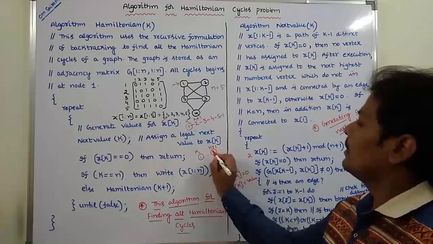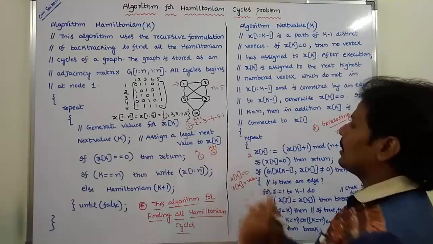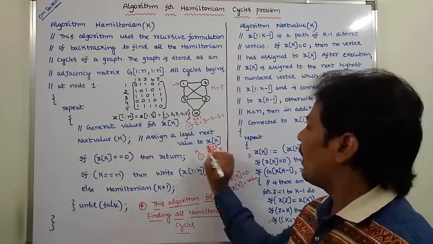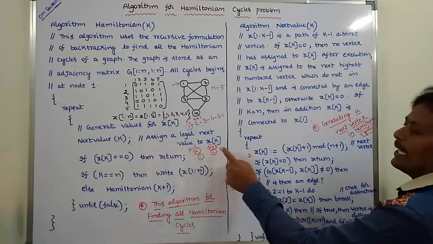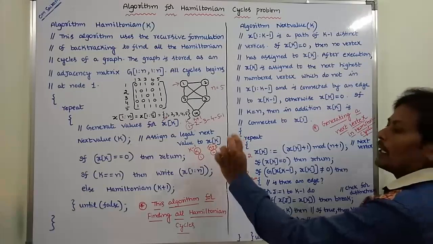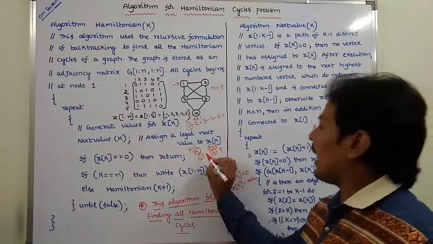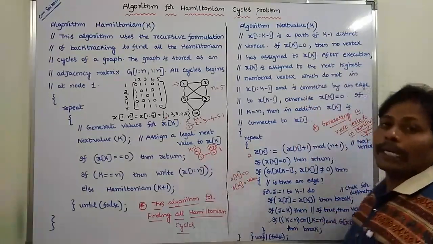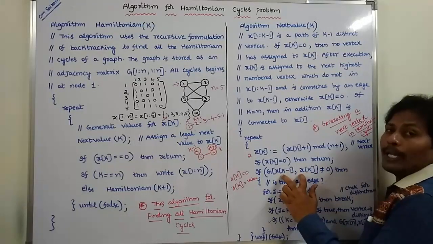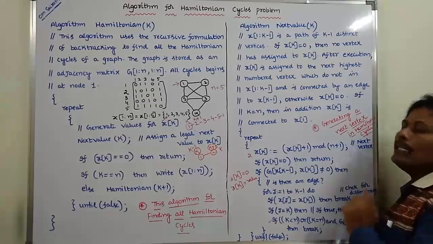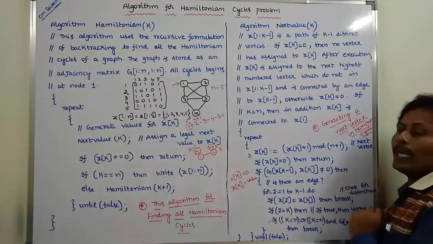Now this becomes k and that becomes k minus 1, because k is incremented from k to k plus 1. So are the k and k minus 1 values connected by an edge or not? Suppose these two are connected by an edge, its value is 1. If these two vertices are not connected by an edge, its value is 0.